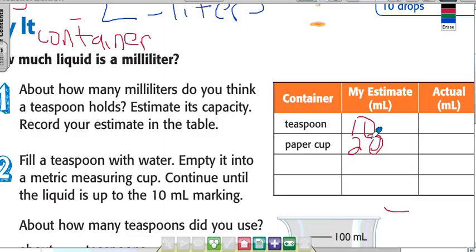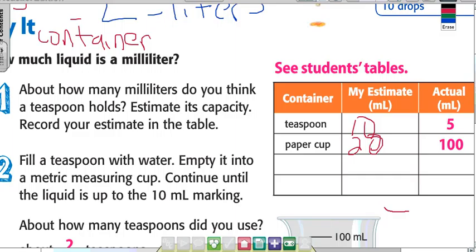Estimate its capacity, record your estimate on the table. Fill a teaspoon with water, empty it into a measuring cup, which we did already. Continue until the liquid is up to 10 milliliters. So when you do the actual, a teaspoon is actually 5 milliliters. That's like 5 eardrops.